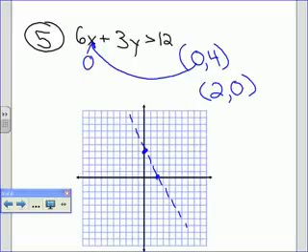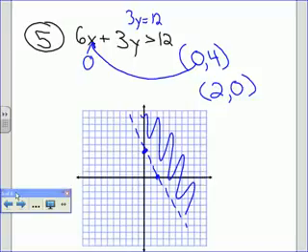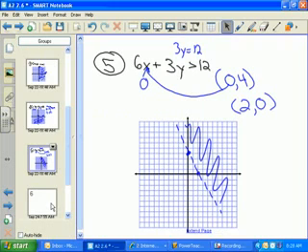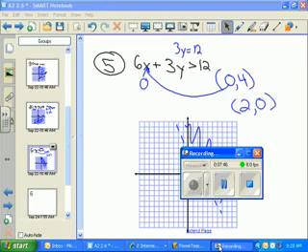So that's just 0. So then you could think of it like 3y equals 12. So I plug in 0, 0. 0 is not greater than 12. So I'm going to shade this side. Okay. That's kind of a short section. Just a little review on how you graph those. Okay.